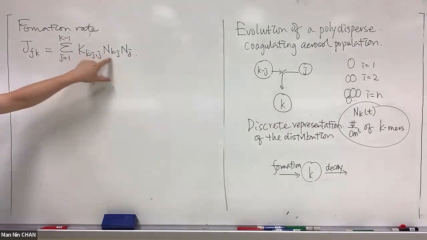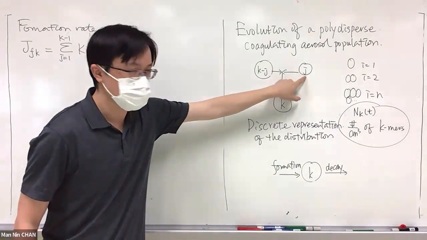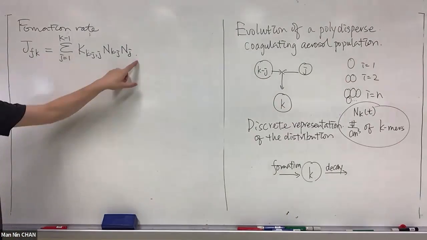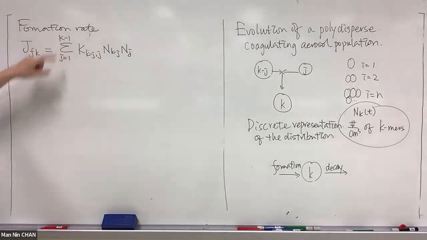This is the concentration of your K minus J, and this is the concentration of your J here. Of course, you can have different values, so you just do the summation to do this.